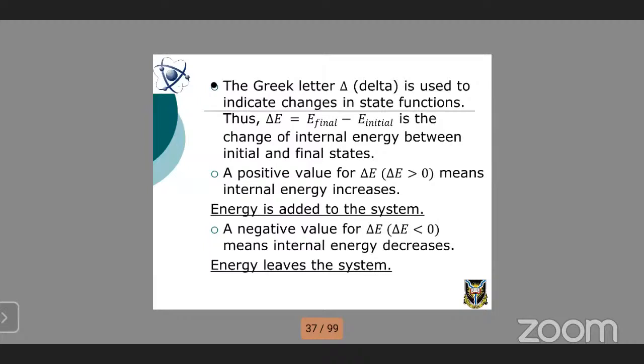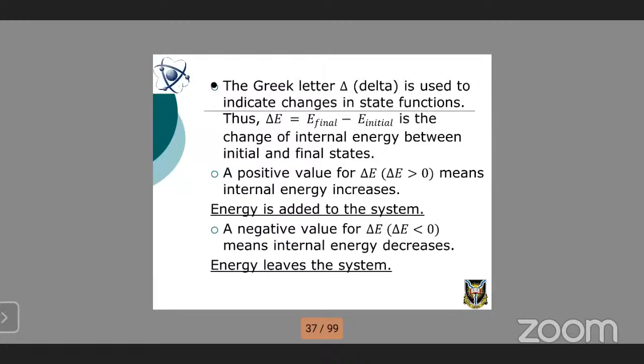When you have a positive value, that is, delta E is greater than 0, that shows that your internal energy has increased. That is, energy is added to the system. There is a transfer of energy from the surroundings into the system. And in a situation where your delta E is less than 0, it means internal energy has decreased.